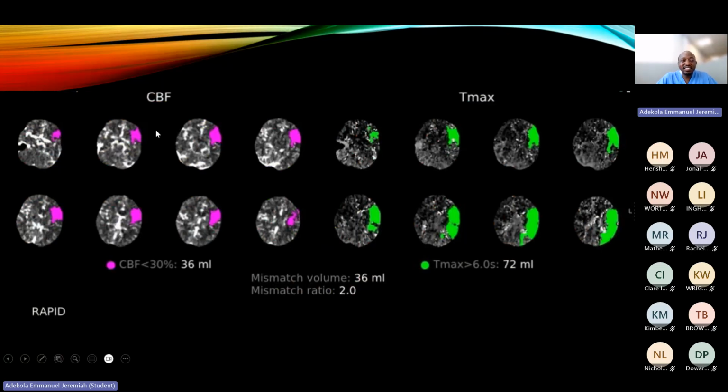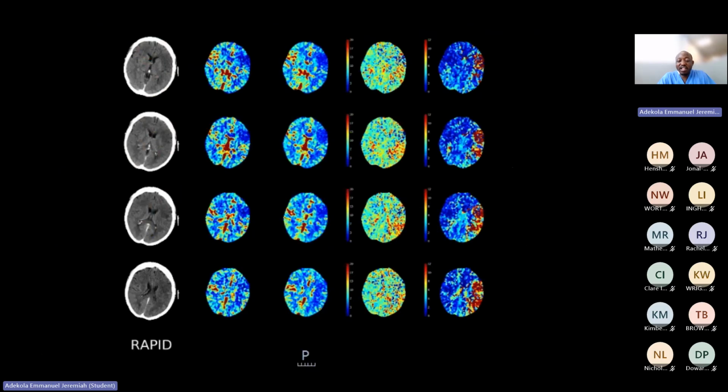Looking at this, the core infarct is 36 mL, which is less than 70, the Tmax is 72 mL, and the mismatch is 2.0. So this is an ideal candidate for thrombectomy, even though she's out of the window.